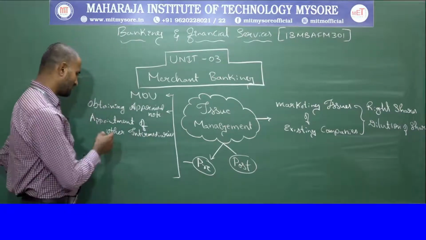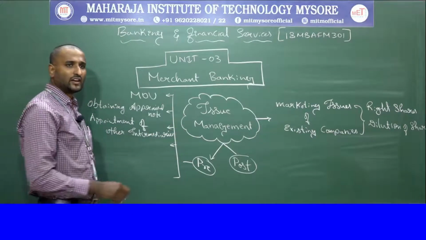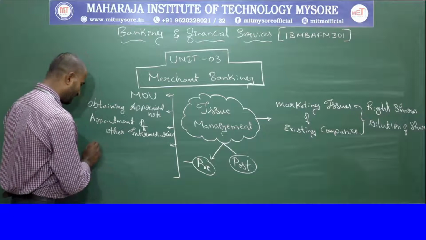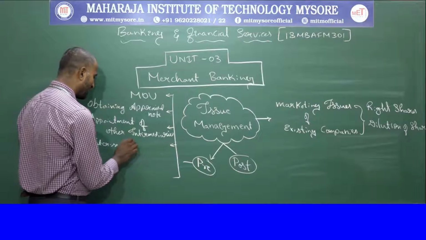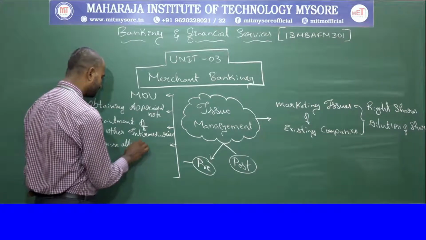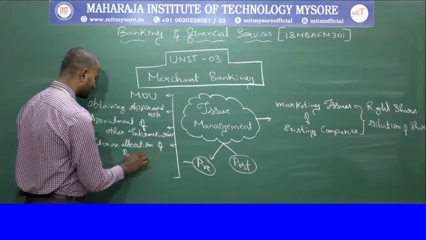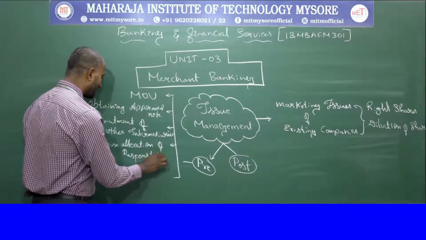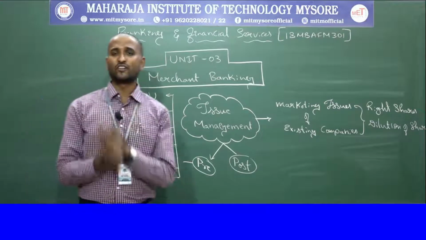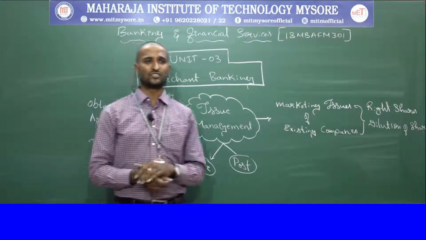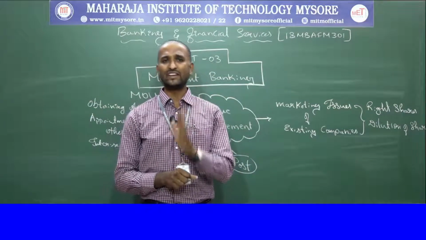Then the fourth one is allocation of responsibility, where an issue is managed by more than one lead manager.